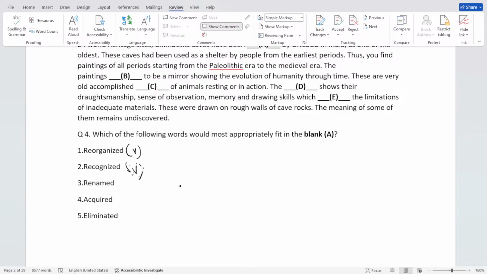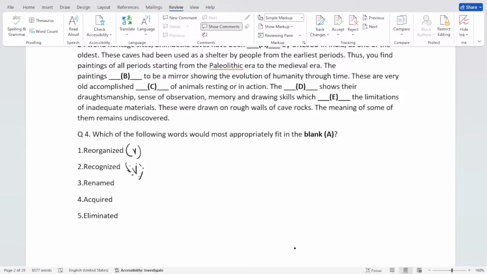Why? Because already it is established, it is existing somewhere else, that is identified by UNESCO. So they recognize the validity as well as the value of that. So this will be the meaning of recognized.